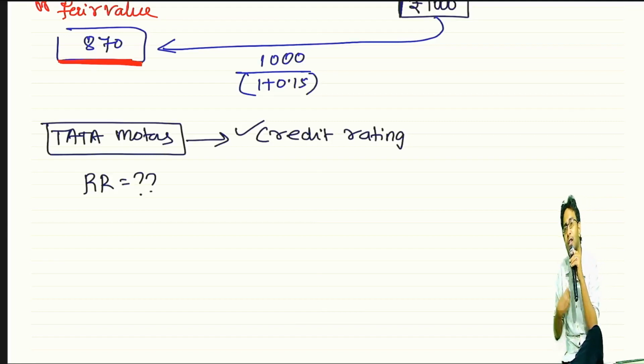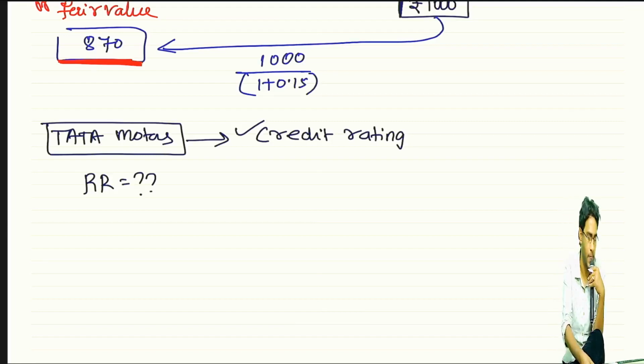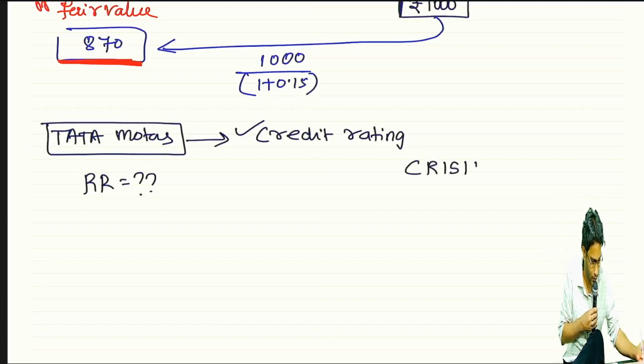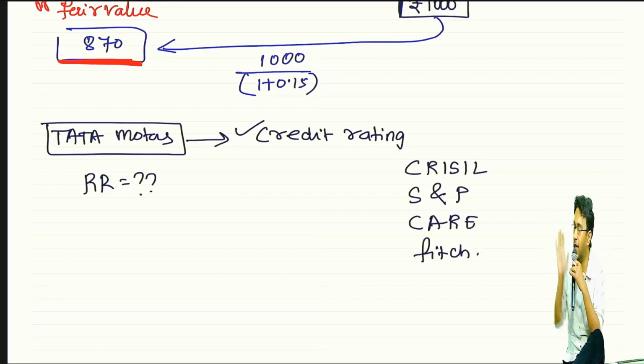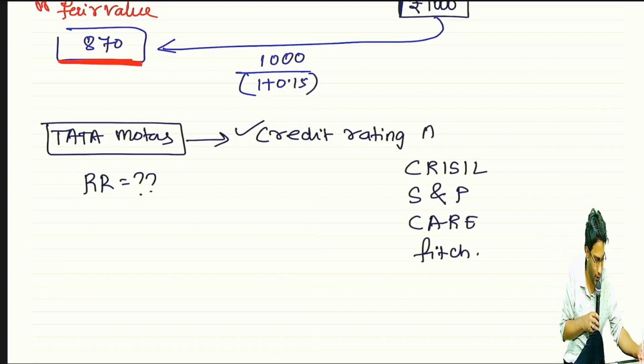Like how we express an opinion on the true and fair view of the financial statements, there are independent organizations like CRISIL, Standard & Poor, CARE, Fitch Ratings. These are all independently formed credit rating agencies.